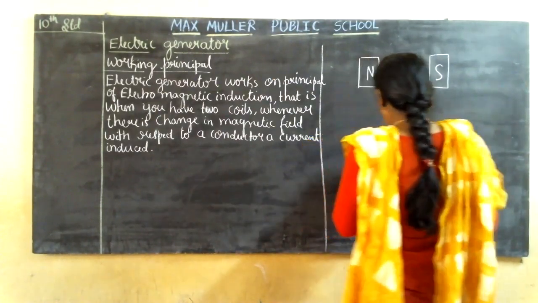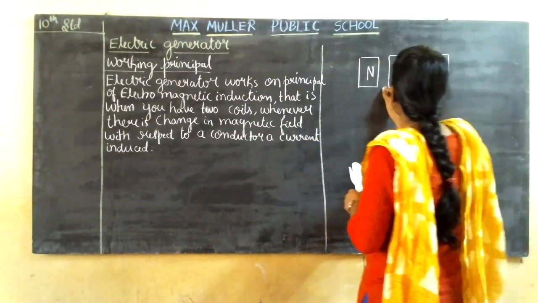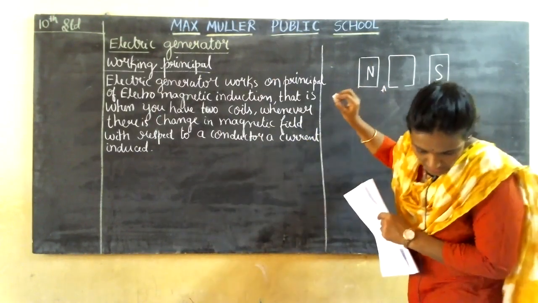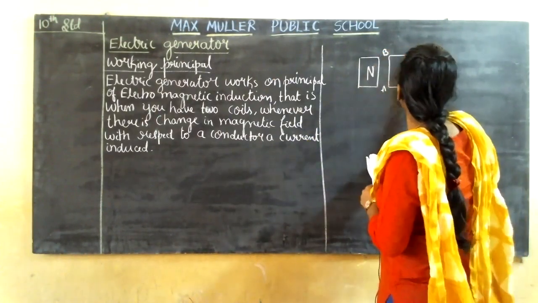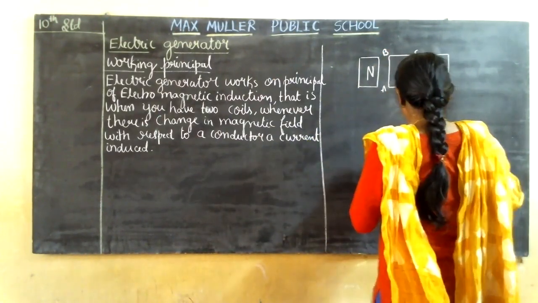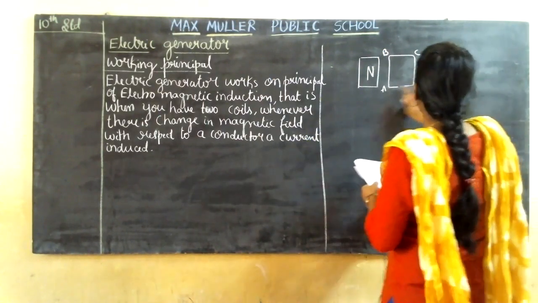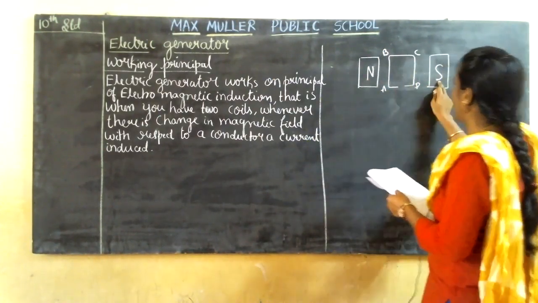So it contains the rotating rectangular coil A, B, C, D, placed between two magnets.